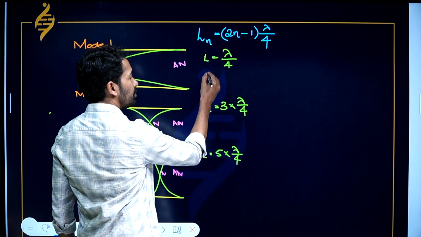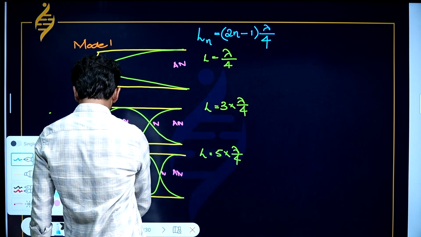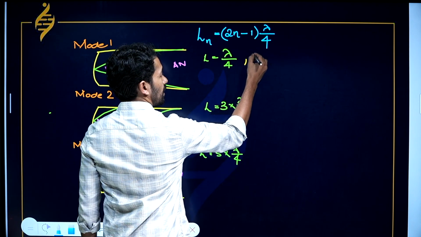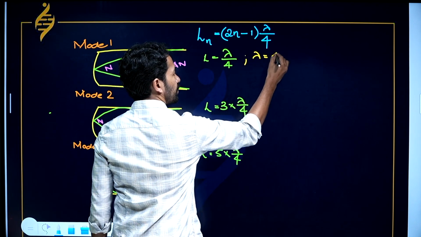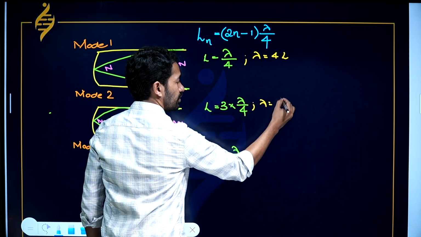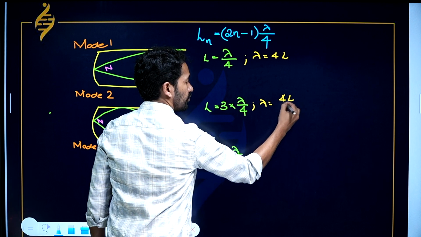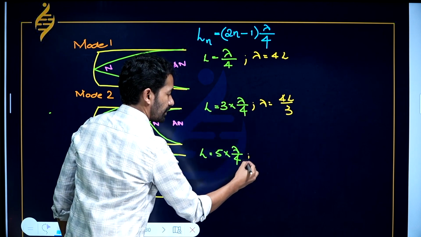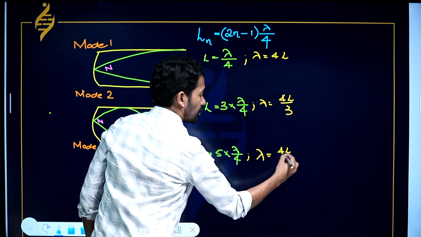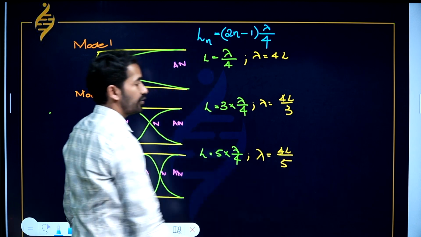Okay. Now what about lambda? From all this we will be getting lambda also. So from here I will write, therefore lambda is equal to 4L. Here lambda is equal to 4L by 3. Here lambda is equal to 4L divided by 5.